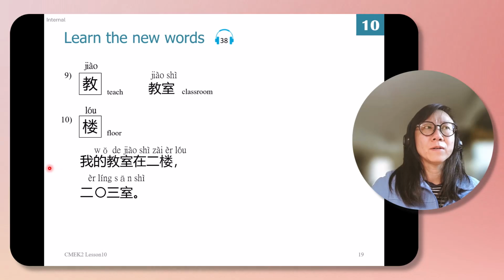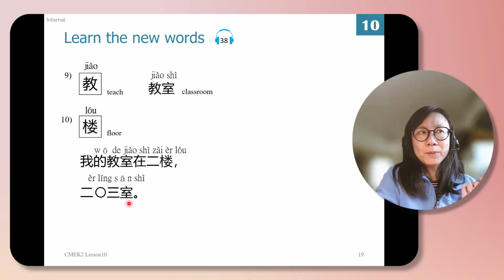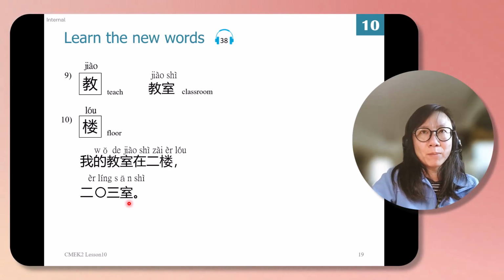Right, so the meaning of this sentence that we can figure out should be my classroom is at the second floor and it is in 203 room. Now in English we swap the position of room and the number, right?